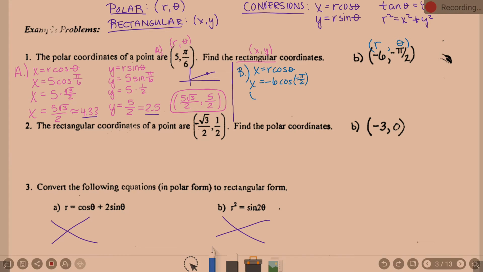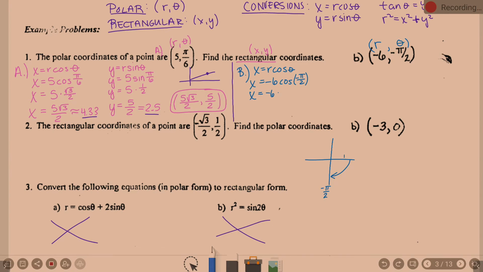Well, that's -6 times something. Where is negative pi over 2? It's down.